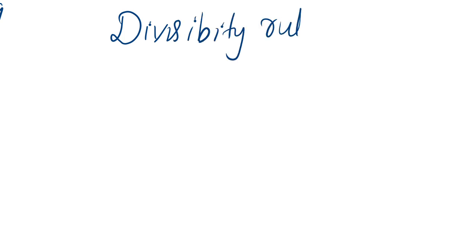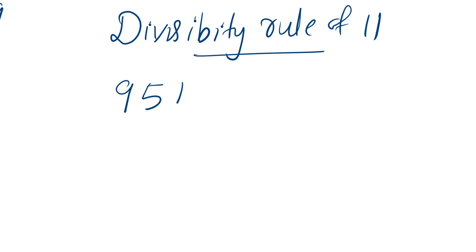Okay, finally, the last number is 11. How can we make sure that a number is divisible by 11? Divisibility rule of 11. Alternate subtracting and adding the digits from left to right. We'll show an example: 95117.